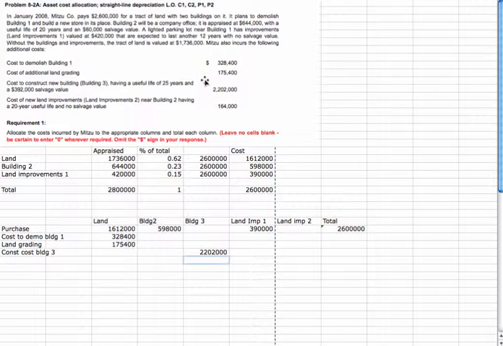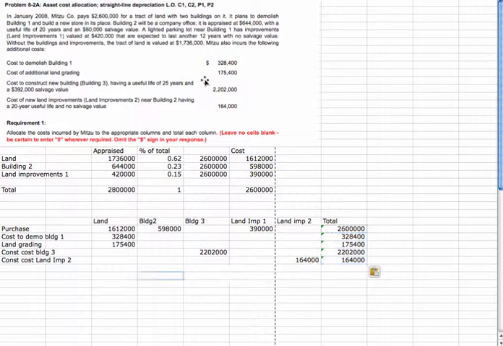And finally, the last one is the cost of new land improvements, which we're going to call land improvement 2. So construction cost for land improvement 2 over here is $164,000. So now I can take my totals here just to make sure we're right. And so I have my totals.